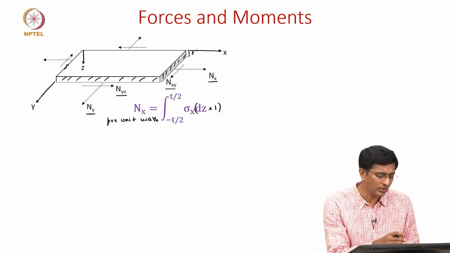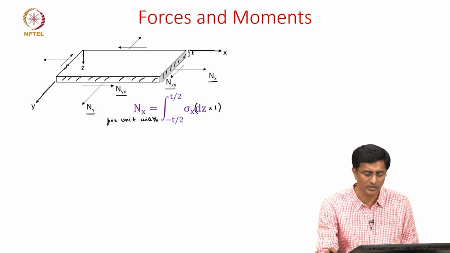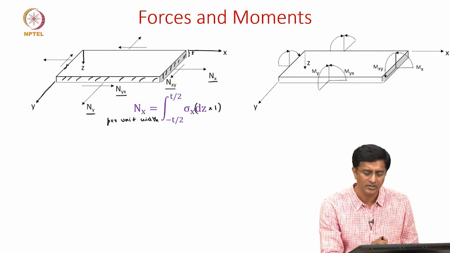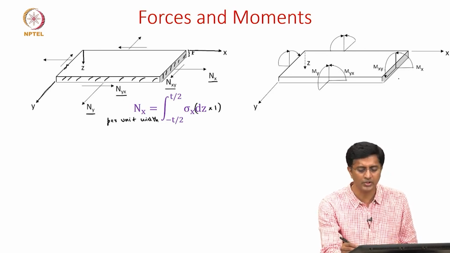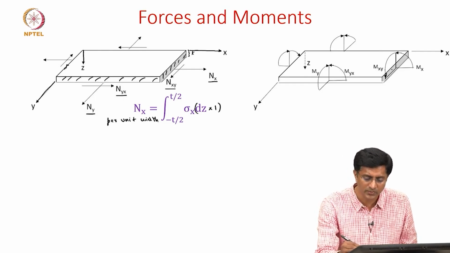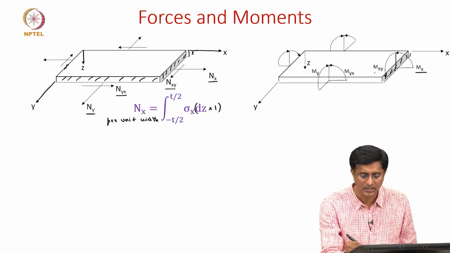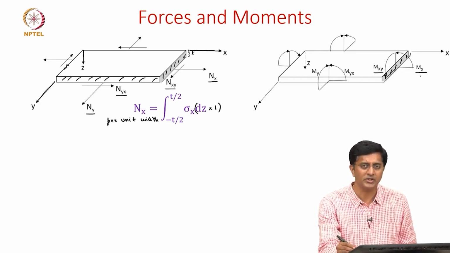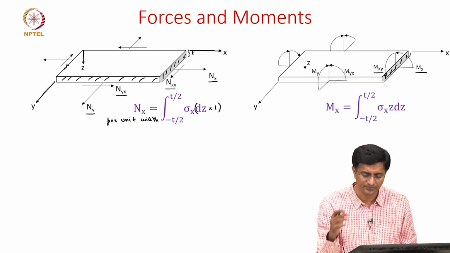So we'll look into the other components in the next slide, but similar to forces we will have another definition for moment. So here is again the same laminate. The only difference is, instead of showing the forces, now we are showing the moments. So on this plane, we show the moments Mx and Mxy. So the moment Mx is coming from the stresses sigma x, and the definition is here.